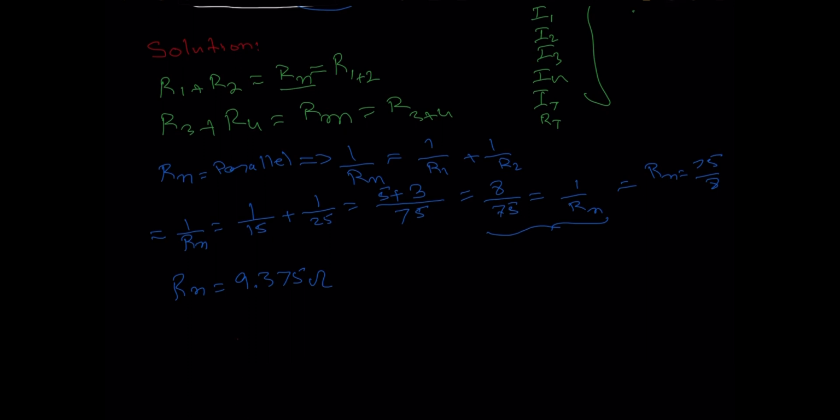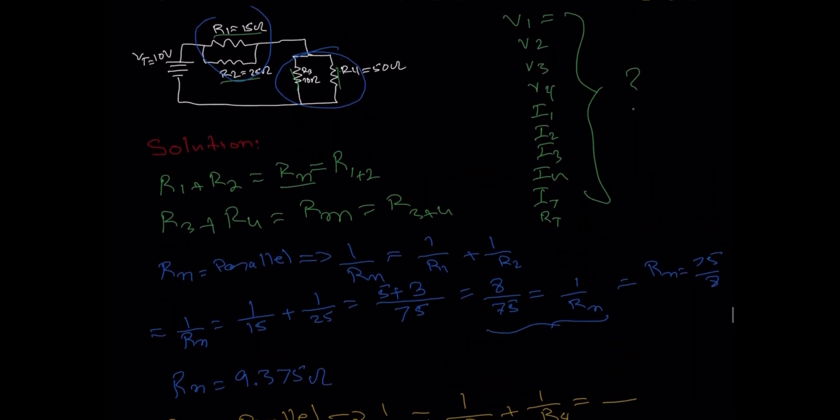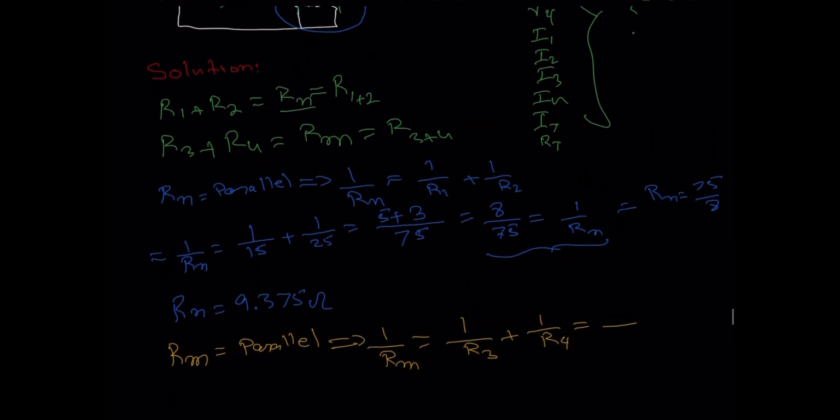Now let's find Rm. Since it's a parallel, 1 over Rm equals 1 over R3 plus 1 over R4. Plugging in the values, R3 is 10 ohm and R4 is 50 ohm. So 1 over 10 ohm plus 1 over 50 ohm.